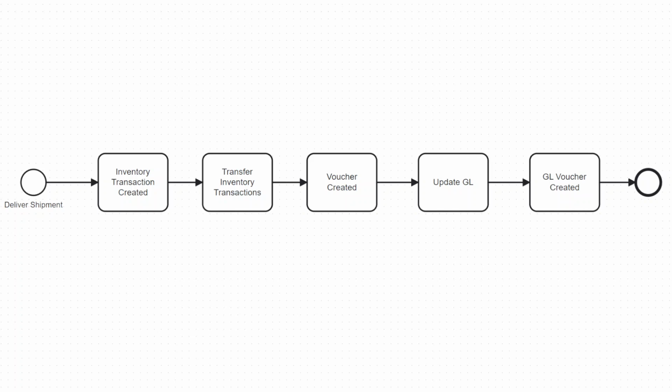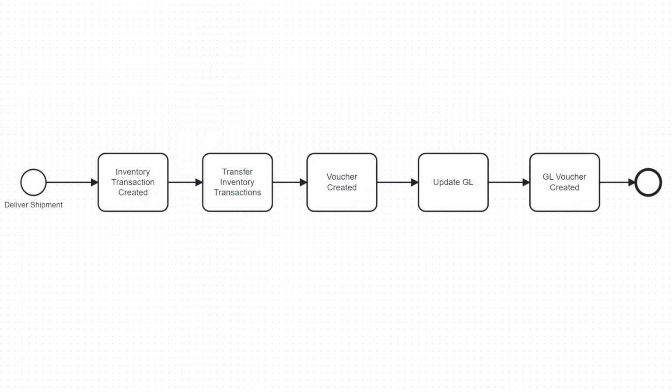Once we transfer the inventory transactions, we will start hitting the financials module. We will have a voucher created, and then we will quickly run an update general ledger. This voucher will get transferred into the general ledger, and this is the final state of our transaction. When it hits the general ledger, there is no going back. Everything is recorded in the financials module.